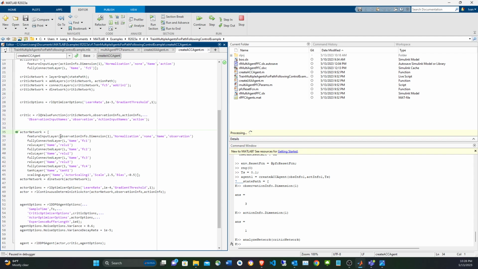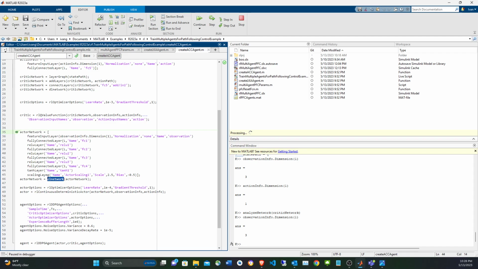Now for the actor, it's a little more simple. You just take the observation, and the output is going to be an action. But the action is going to be an acceleration that goes from -3 meters per square second to +2. So basically, we are going to use again fully connected layers with the features of 48 all the way, and eventually we get into a scalar. And for the scalar, we use an activation layer that's going to clamp the outputs from -1 to +1. But that's not how the range looks.